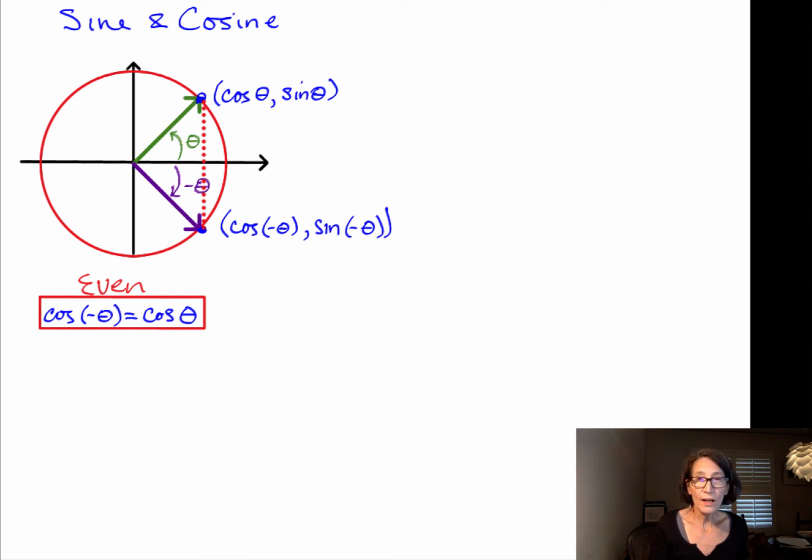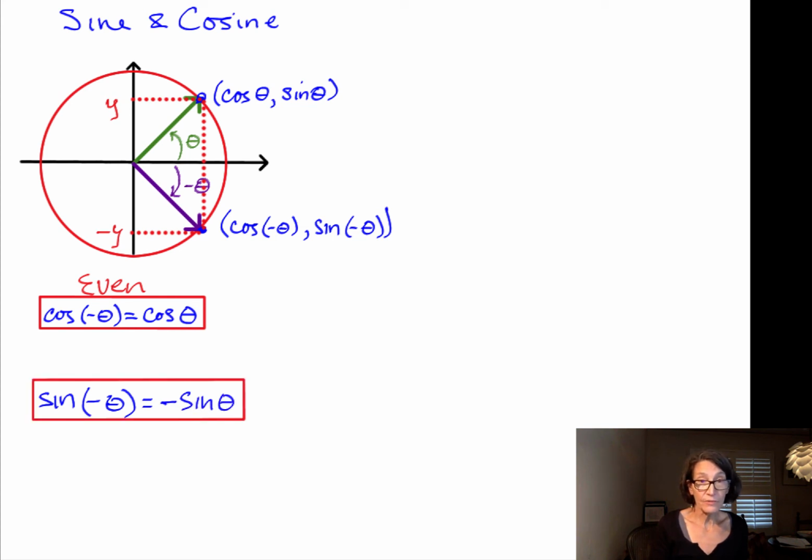And now if we look at the y-coordinates of those points on the unit circle, the y-coordinate of the point where the terminal side of positive theta hits the unit circle, let's call that y. Well, that's y equals sine of theta. And then the one on the terminal side of negative theta is just negative y, or the opposite of y. And so this tells us that the sine of negative theta is just the opposite of the sine of positive theta, or negative sine of positive theta. So that means that sine is an odd function.